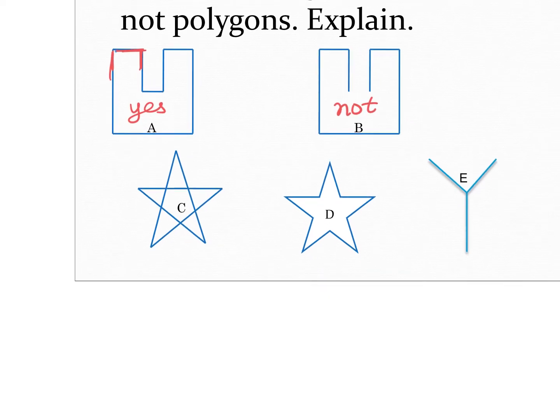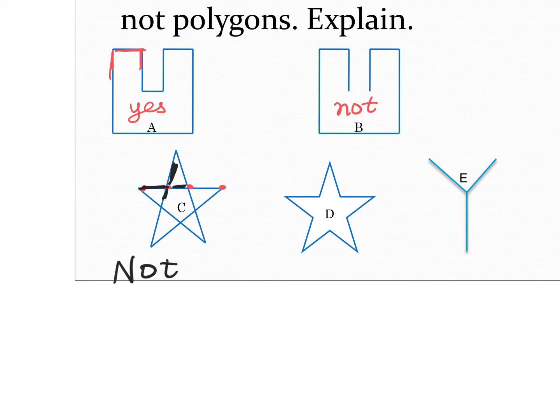Figure C, notice on this one, it's intersecting too many sides. So for example, we've got a bunch of collinear points here. That would first make it not a polygon. Or if you looked and saw that this side here is intersecting this one, and this one, it can only intersect two. So this one is not a polygon as well.